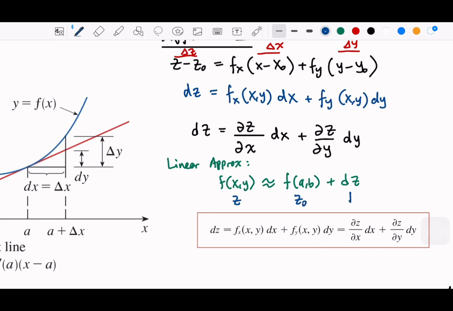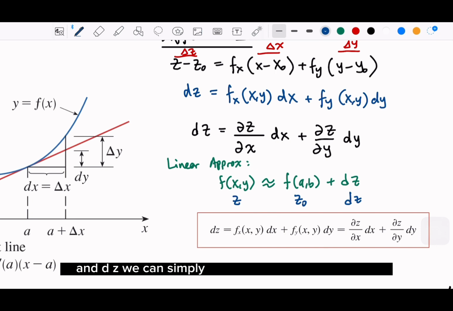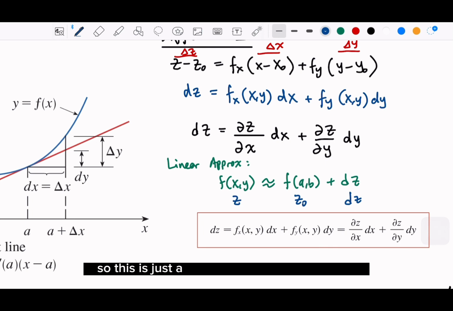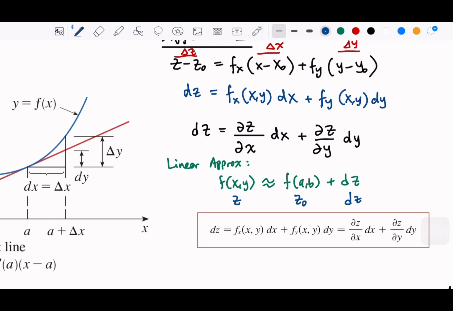And this is the dz. And dz we can simply write in terms of partial derivatives. So this is just a slight change in how we write, and basically they are the same thing. So we can write in this form.